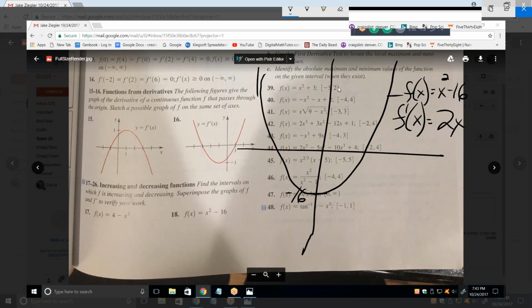If I graph 2x, it goes through the origin, it's got a steep slope, it's positive slope. There's the two graphs superimposed on one another. Now, where is the original graph increasing? What interval?